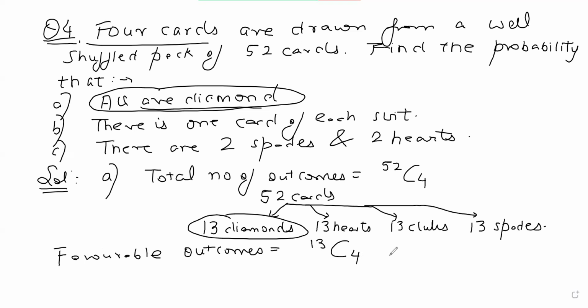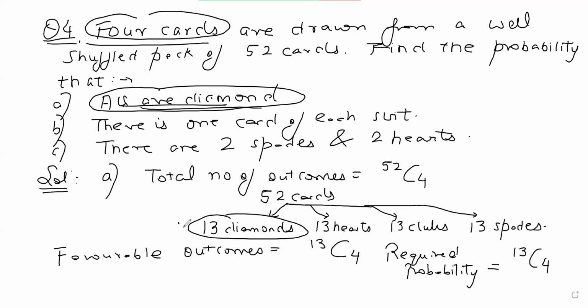The required probability is favorable outcomes 13C4 divided by my total number of outcomes 52C4. I can leave my answer here, 13C4 over 52C4. That is my answer for part A.